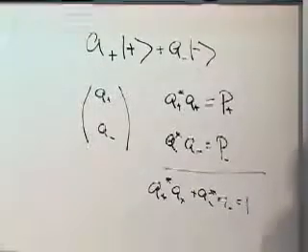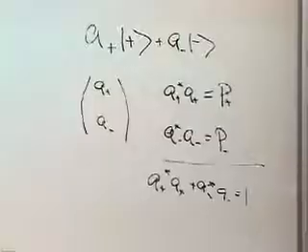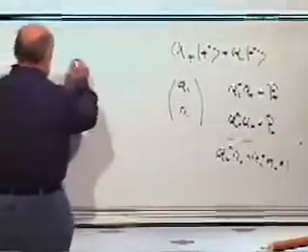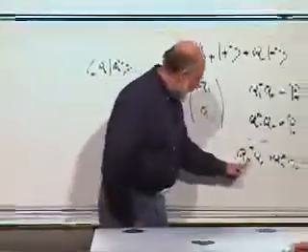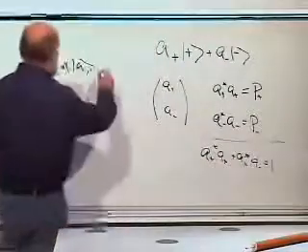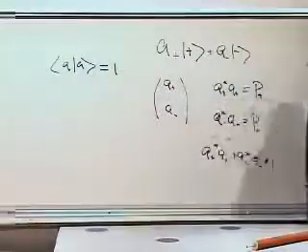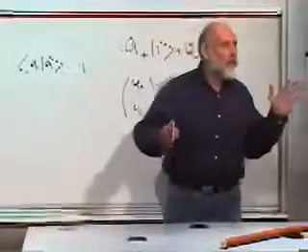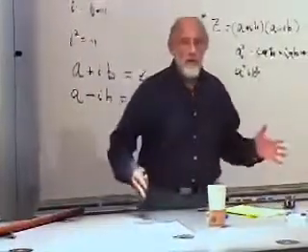So that expression on top represents a quantum state if, in fact, we can say it this way: the inner product of A with itself, given by A plus star A plus plus A minus star A minus, should be 1. So legitimate quantum states should have inner product with themselves equal to 1. That's just a statement that the sums of all the probabilities should add up to 1.